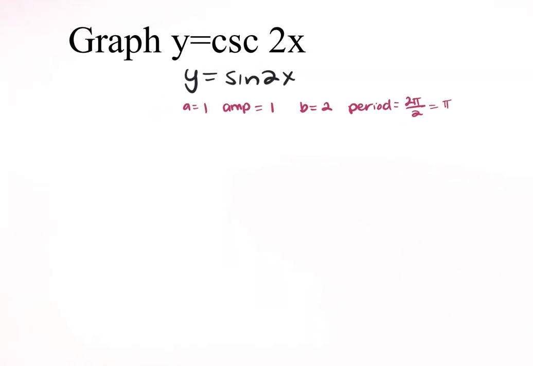Now it's sine, so the first one is 0, the next one is pi times 1/4, then pi times 1/2, then pi times 3/4. Last one is the period, which is pi.